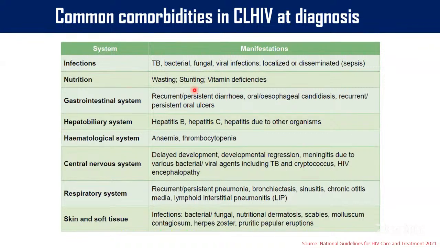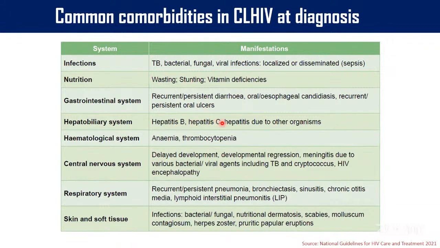For example, in infection, anyhow we are talking about infection, it will be OIs. When you look at your gastrointestinal system, then again you will have recurrent or persistent diarrhea, candidiasis. So these are again infectious causes, whereas recurrent persistent oral ulcers is a non-infectious cause.